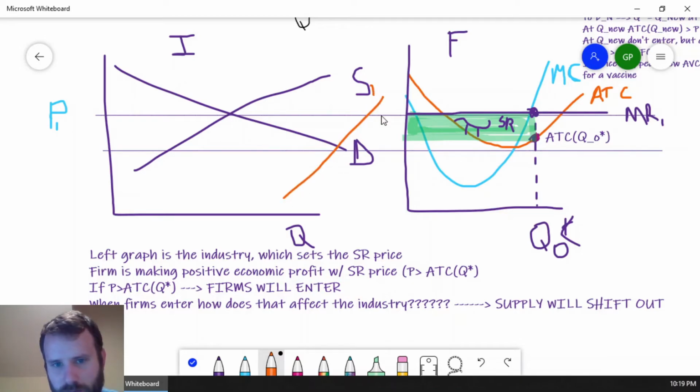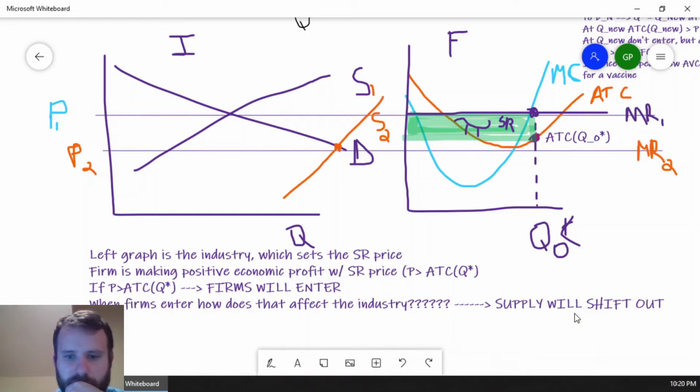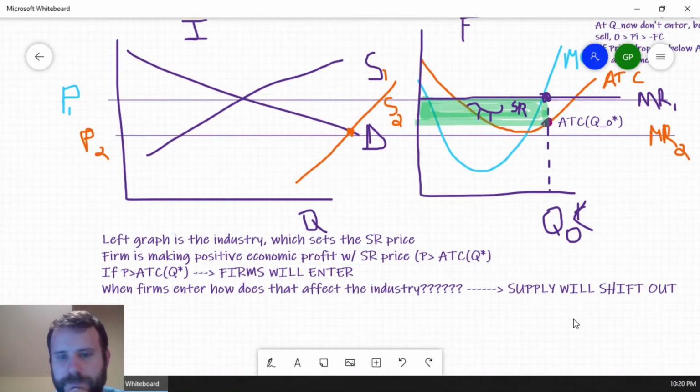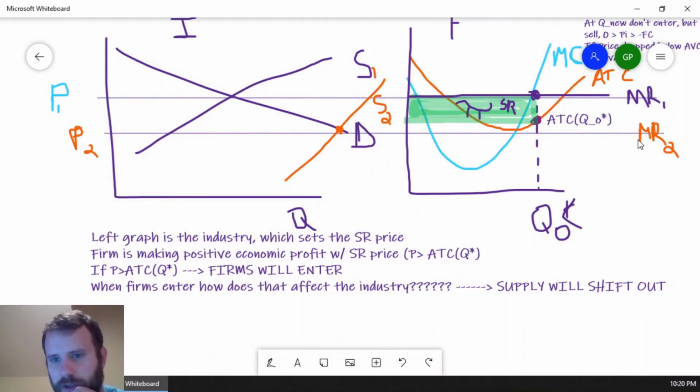And I'll call this one S1. And this one is S2. Okay. So we're going to have a new equilibrium price. It's not exactly lined up, but you get the picture. So new equilibrium price P2, which means that there's a new marginal revenue for the firm, MR2, because firms are price takers. Okay. So the new marginal revenue, where does that intersect with marginal cost? Right here, which happens to be the minimum average total cost.